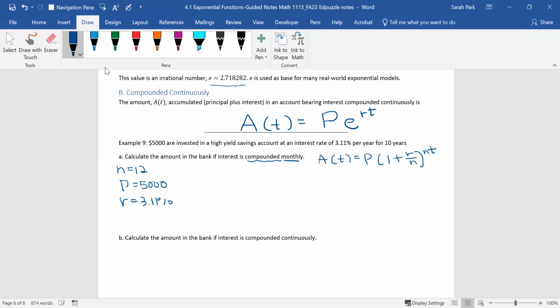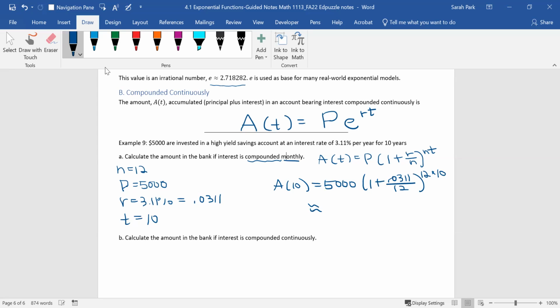We need to change this to a decimal, so it's going to be 0.0311. t, the years, is 10. I think we have all the variables identified. So then A of 10 is $5,000 times (1 plus 0.0311 divided by n, which is 12) raised to the power 12 times 10.